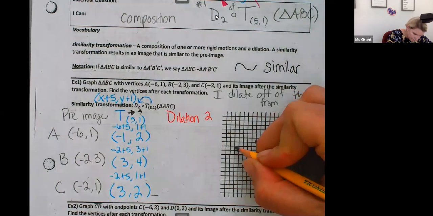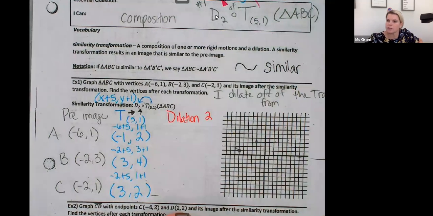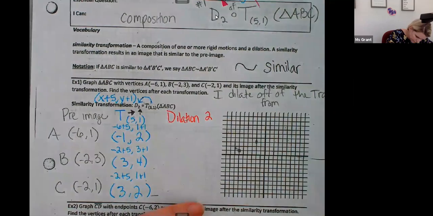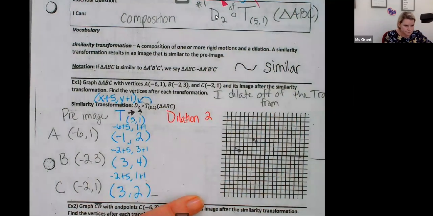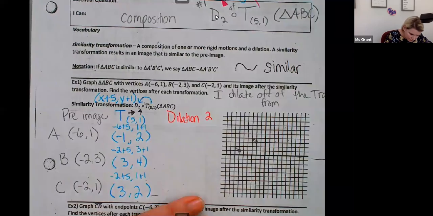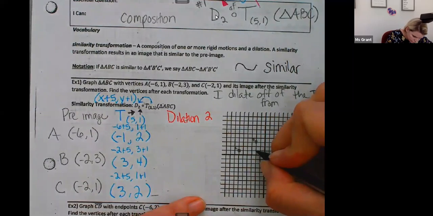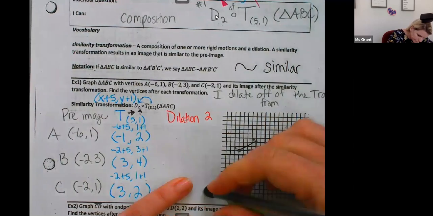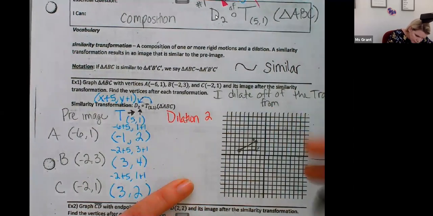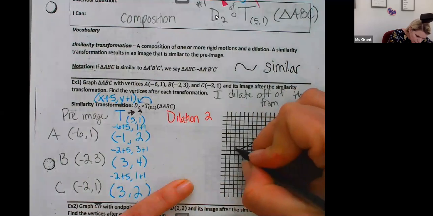A. Maybe I should use a mechanical pencil for this. B. Ooh, so small. C. -2, 1. Okay. A, B, C. A, B, C. Easy as 1, 2, 3.